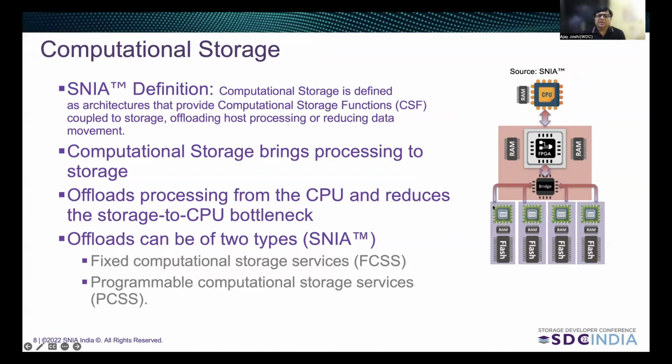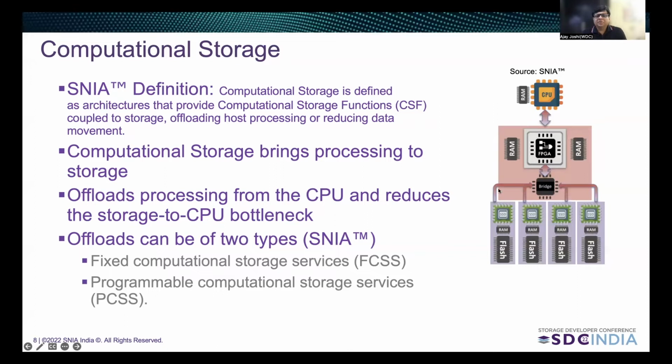So we can process the data directly on the storage rather than having to bring it across the network or across the CPU transfer medium to process it. The advantage of computational storage is to reduce the storage to CPU bottleneck.